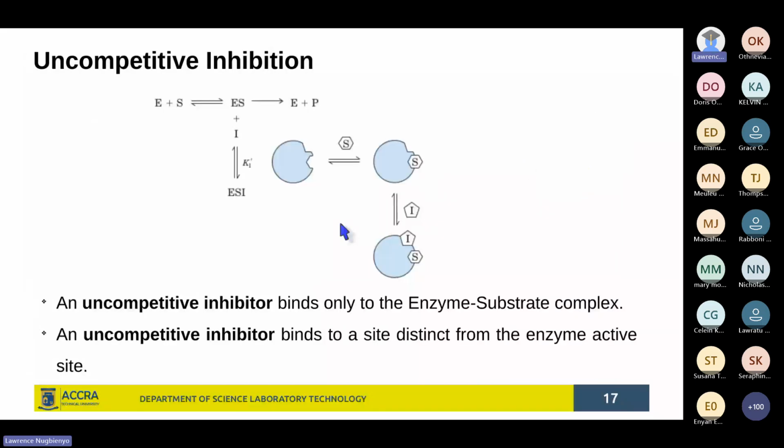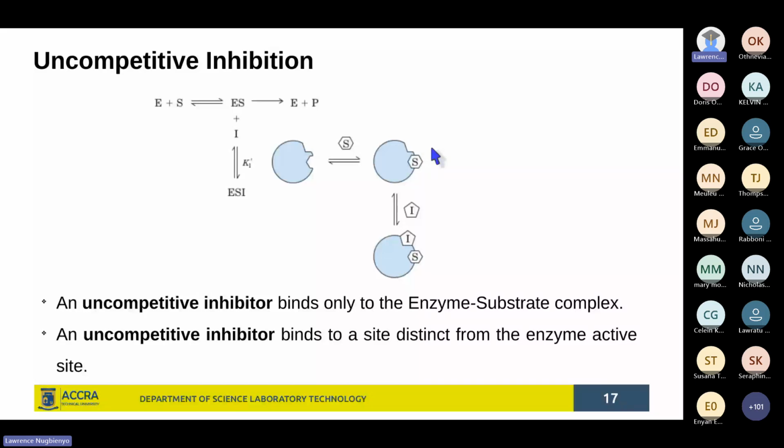Then we also have what we refer to as uncompetitive inhibition. So in uncompetitive inhibition, apart from the active site where the substrate binds, there is also another site, usually we refer to as an allosteric site, to which the inhibitor binds.